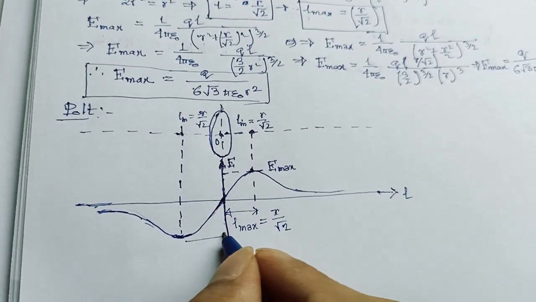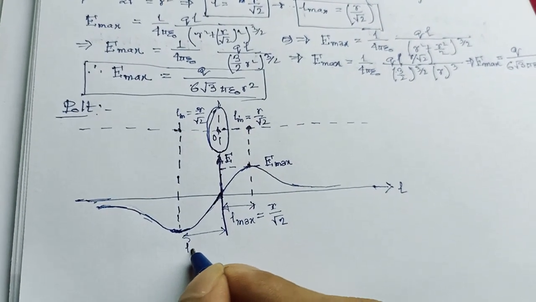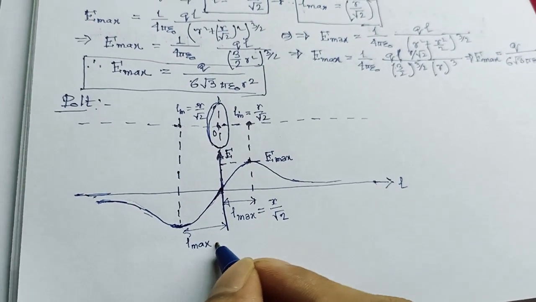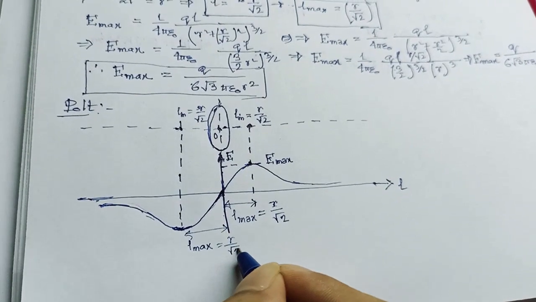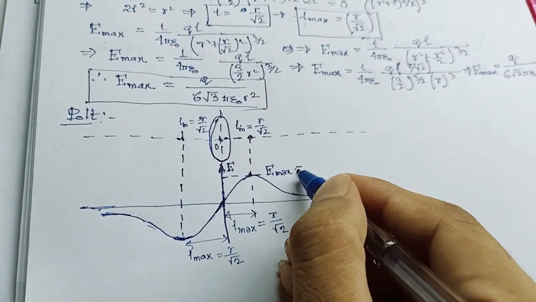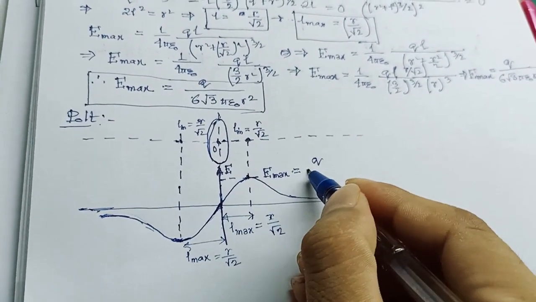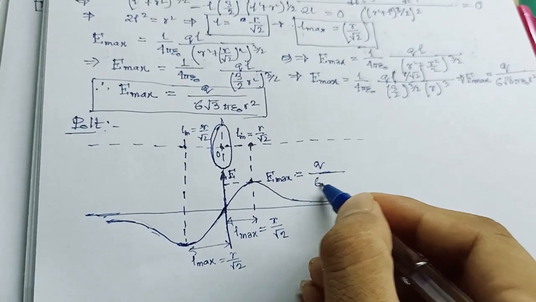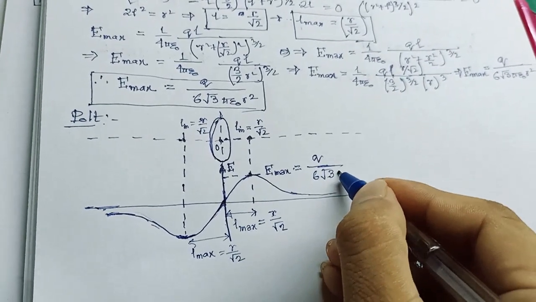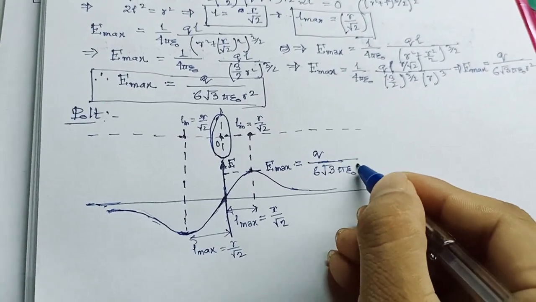This value is E max, which is equal to Q divided by 6 root 3 pi epsilon naught R square.